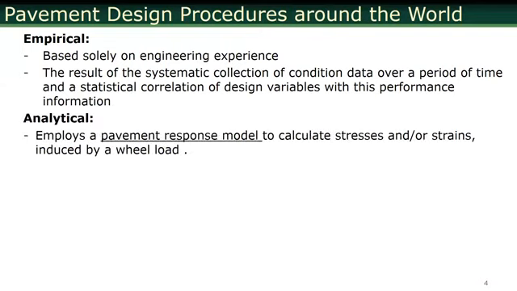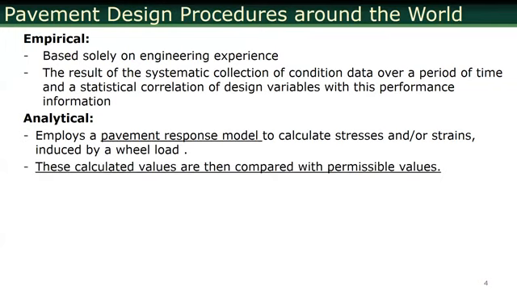Analytical approaches employ a pavement response model, like the layered elastic model we're going to talk about today, to calculate stresses and strains induced by a wheel load, typically an 18 kip single axle load, but not everywhere. Sometimes people use multi-axle also. These calculated values are compared with permissible values.